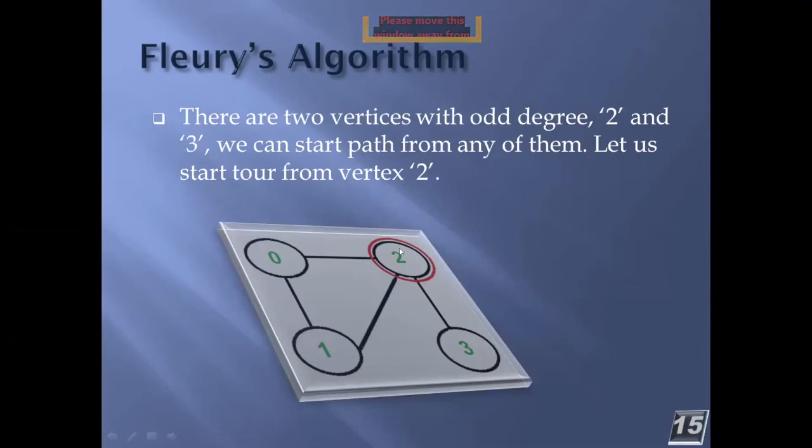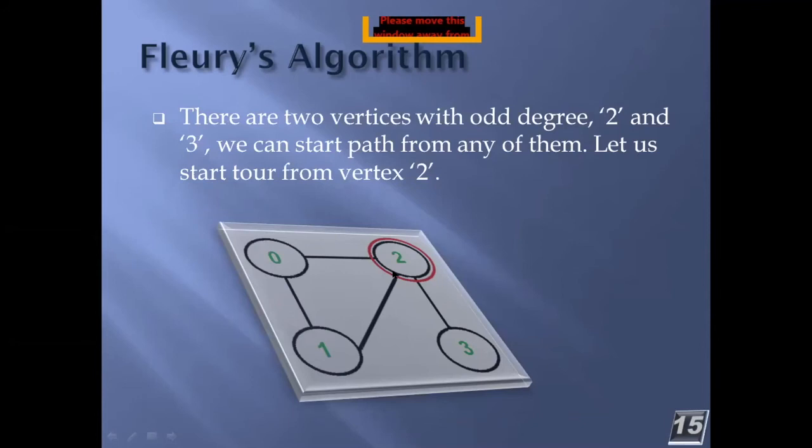We can start the path from either of them, but we cannot start from 3, because then we would first have to traverse a bridge, which is 3 to 2. So we start from node 2.